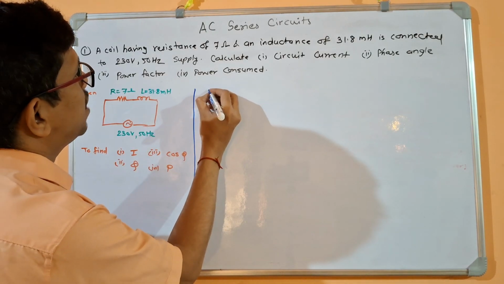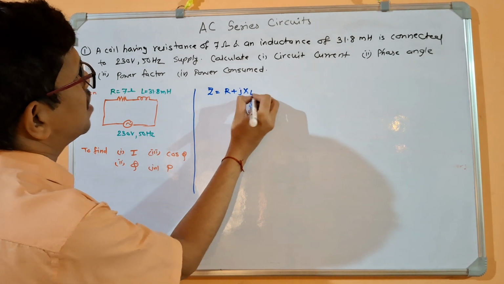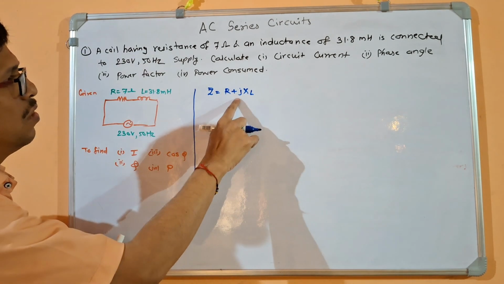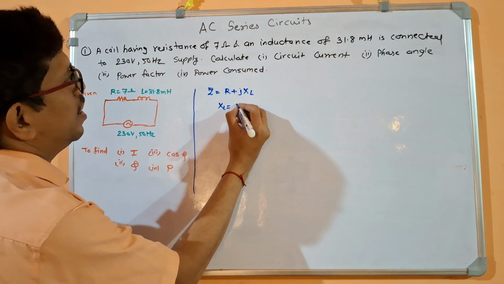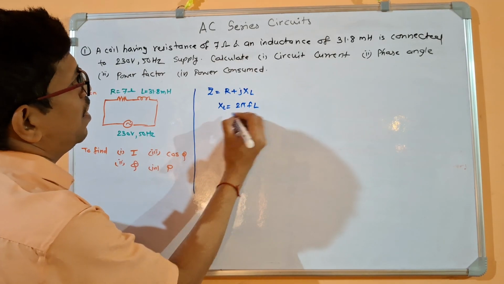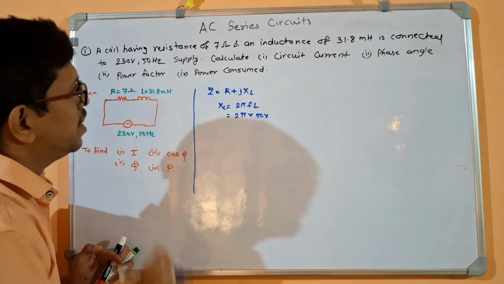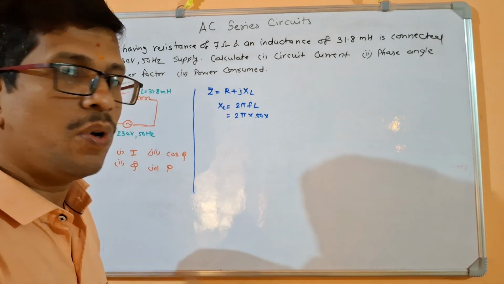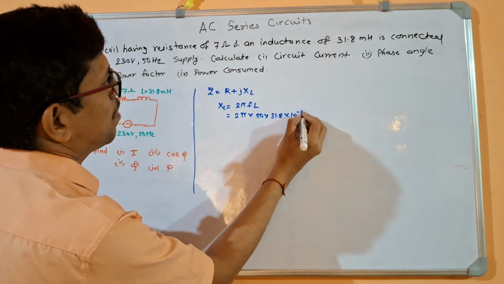So how to find Z? Z bar is nothing but R plus j XL. Since R and L are in series, we have to find R plus j XL. So XL how to find? It is nothing but 2 pi FL. So 2 into pi into 50. L is given in millihenry, we have to convert it into Henry. So 31.8 into 10 raised to minus 3.